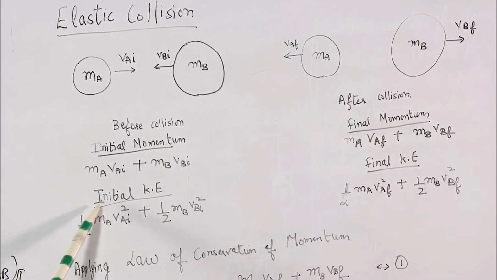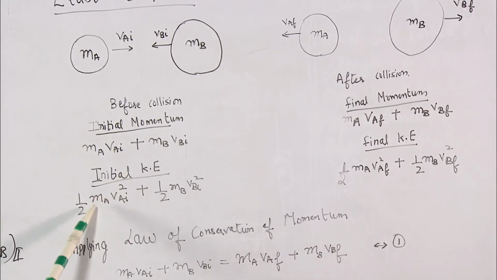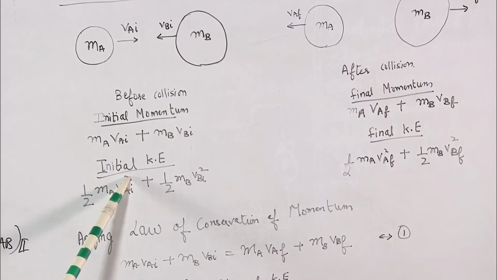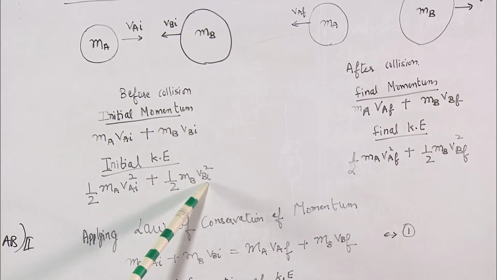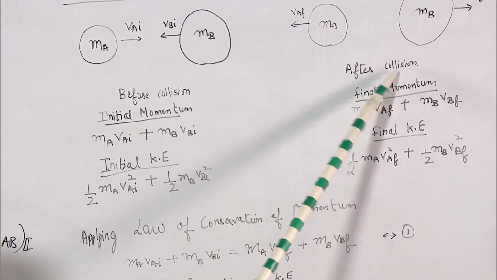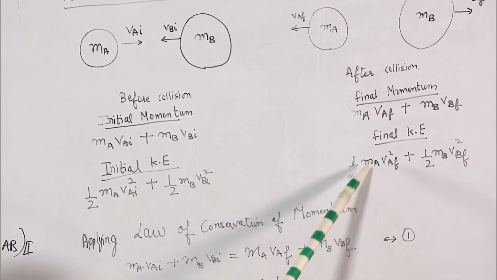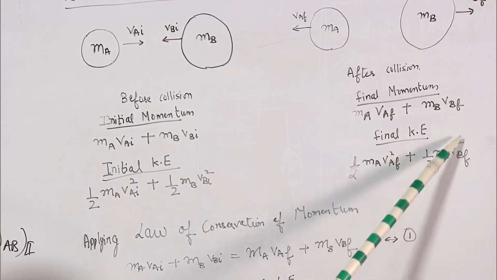Similarly, the initial kinetic energy is half MAVAI squared plus half MBVBI squared. After collision, the final kinetic energy is half MAVAF squared plus half MBVBF squared.